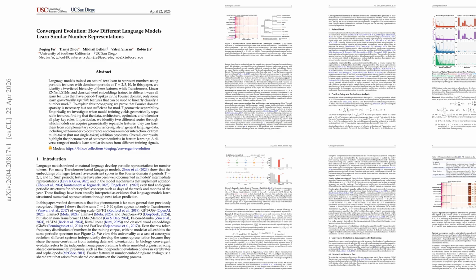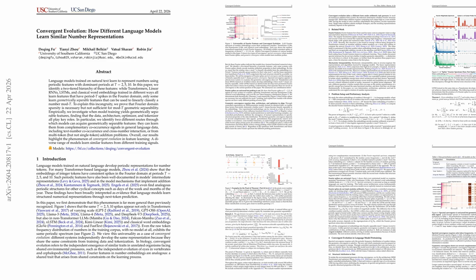The authors prove a sharp separation theorem. Non-zero Fourier power at period T is necessary for mod T structure, but not sufficient for linear decodability. They define geometric convergence as linear probe separability of n mod T from the embedding E_n.